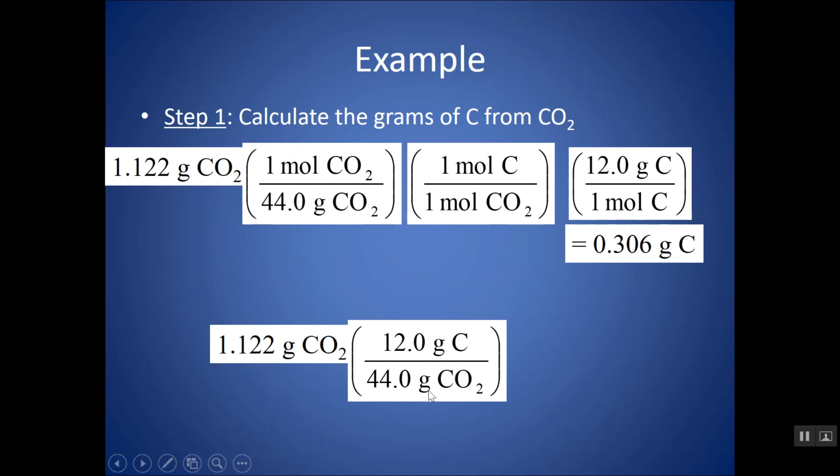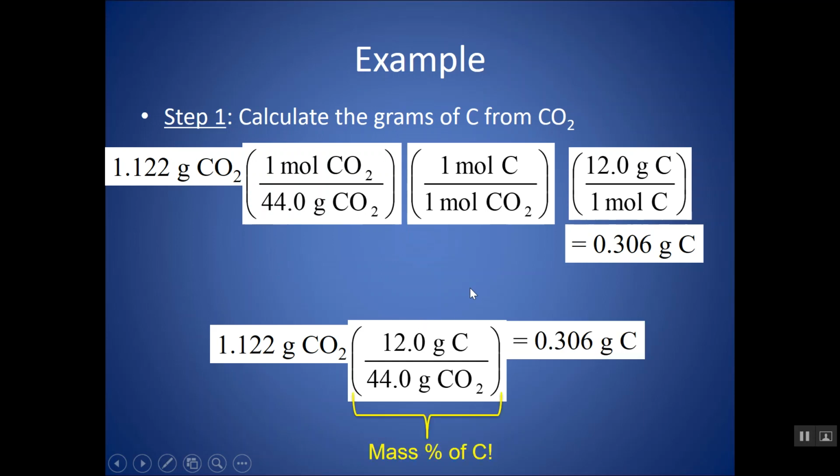For every 44 grams of CO2, that's the molar mass of CO2, there's 12 grams of C, that's the molar mass of C, and I get the same answer. So there is more than one way of going about doing this. I prefer the bottom way if I need to get into grams of that one part. And this is why I said you can also look at my video on using percent by mass as a conversion factor. Okay, now I can do the same thing isolating hydrogen from the H2O.